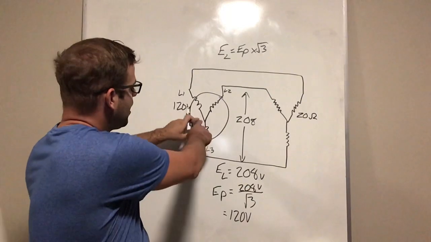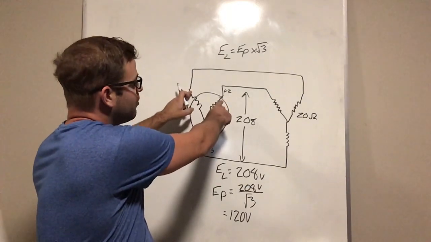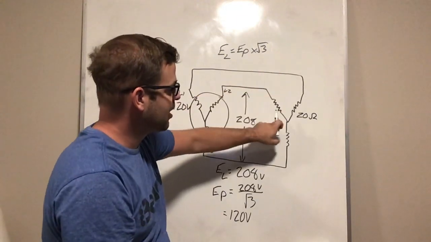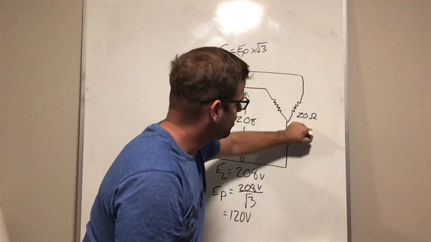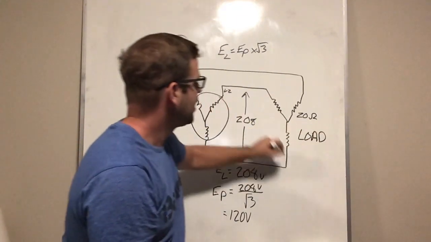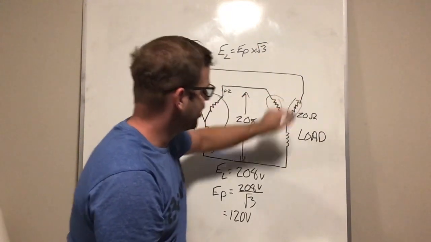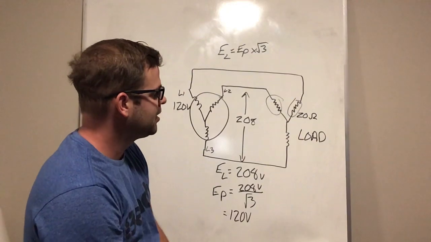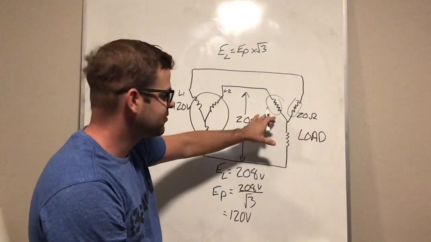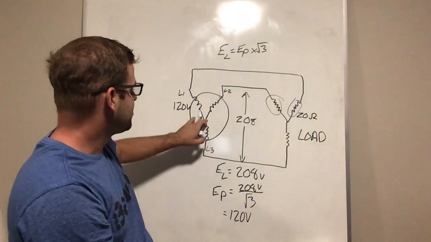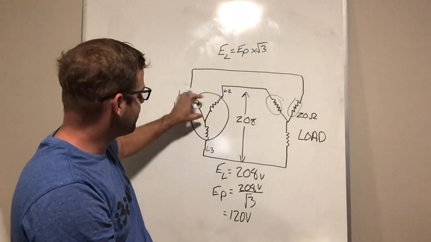I go out into the line, and I'm root 3 larger. And then once I get to my load, each of these phases is going to be root 3 smaller than the line. So I have 120 volts per phase.